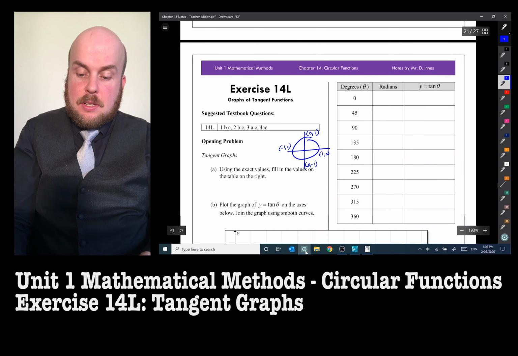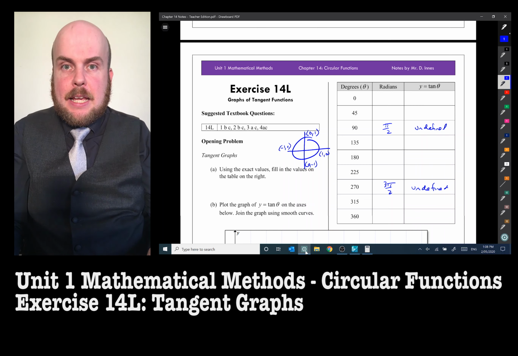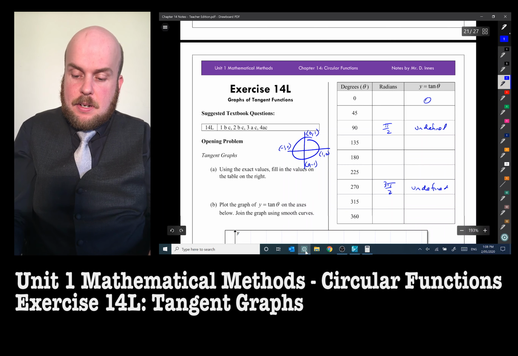So that's a pi on 2, that's a 3 pi on 2, and it's undefined. At the other extremes, 0 divided by 1 or 0 divided by negative 1 is still 0, so that's 0, and that is 0, and that's 0 here.